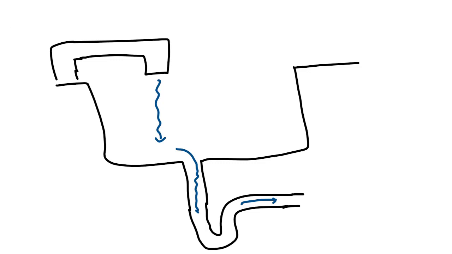Now imagine that I have some sort of debris slightly blocking the drain, okay? When I turn on the faucet, water does come through, of course, and it starts to build up, right? So I turn on the faucet, water is coming out, and it starts to build up. Initially, maybe it builds up to this level, right?